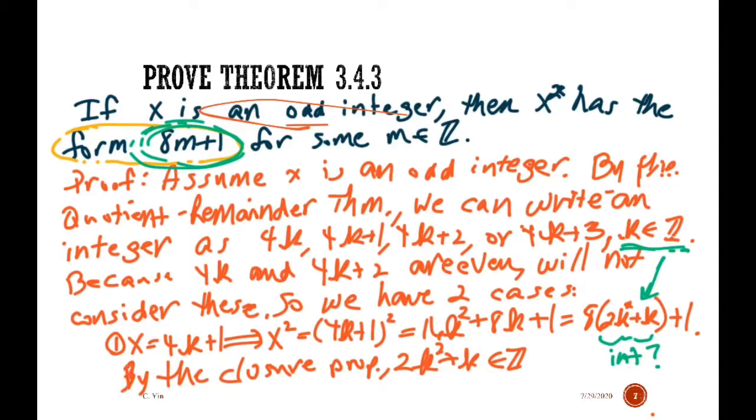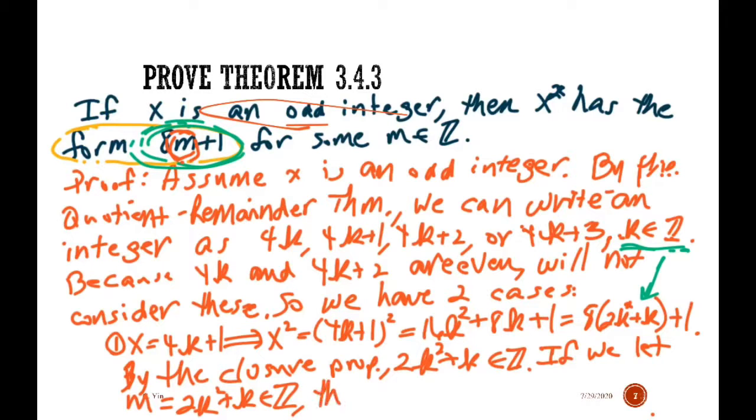And so that's going to be our m value that we were looking for. We're trying to write it as 8 times m up here, so just let this be our m. If we let m equal 2k squared plus k, which is an integer, then x squared is equal to 8 times m plus 1, where that m is definitely an integer.